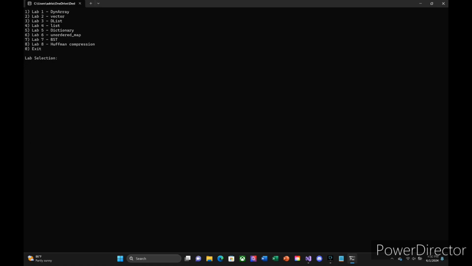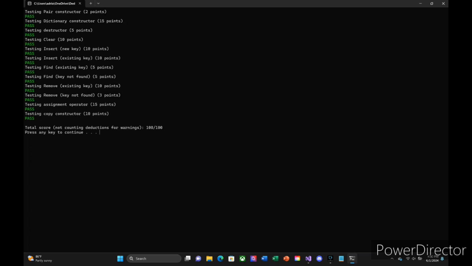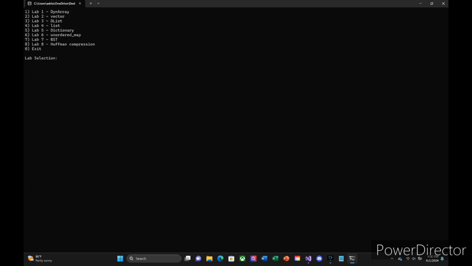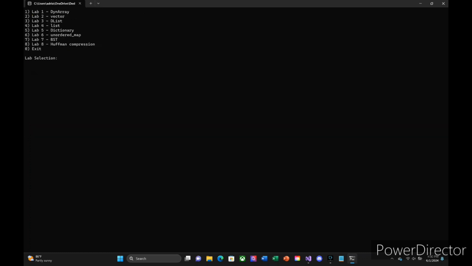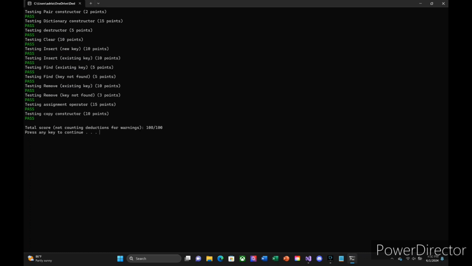There was the pair constructor, the dictionary constructor, a destructor, a clear method, the insert method, the find method, remove method, and then of course the assignment operator and the copy constructor. I didn't have too much difficulty with this lab other than having to learn how to make a hash table and code it in the lab.